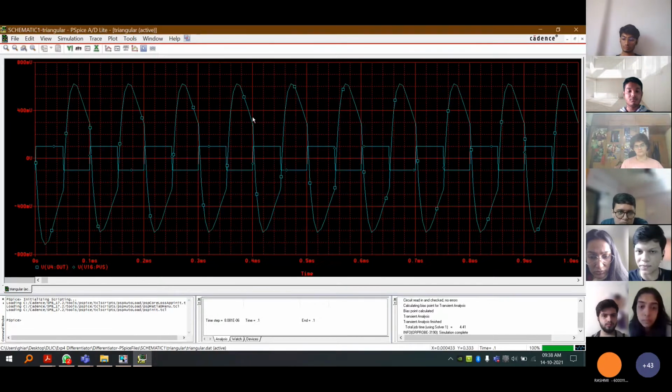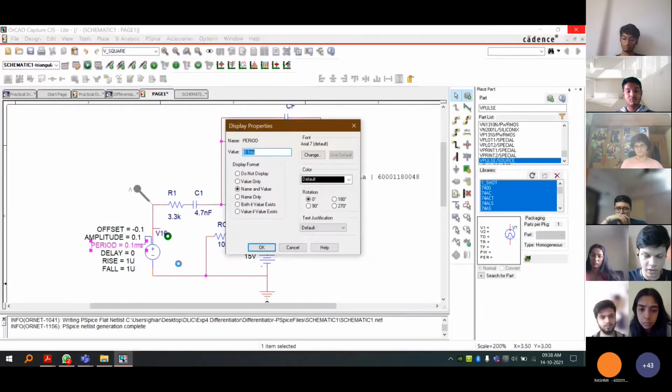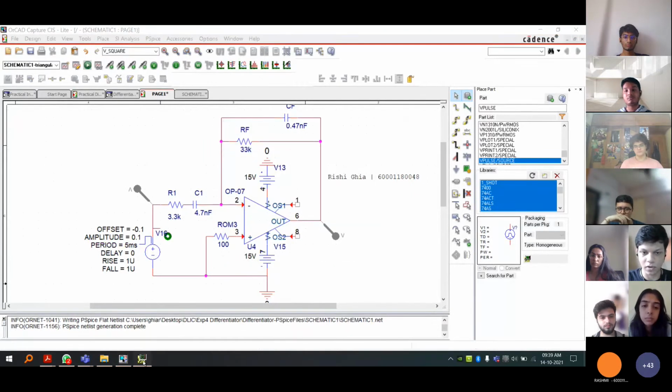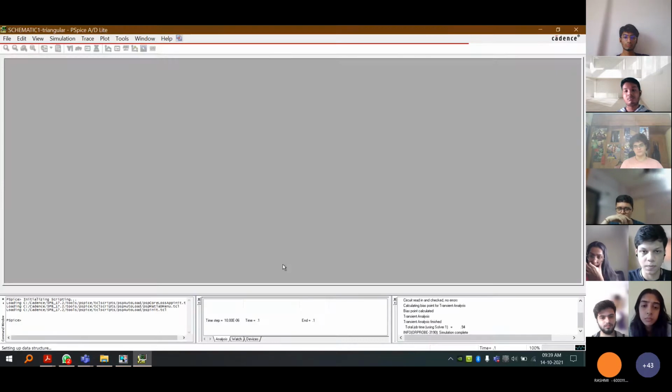So as you can see, at an extremely high frequency, since the input voltage is switching so fast, the output voltage and the op-amp do not have enough time to properly react to the spikes, so the spikes don't even look like spikes anymore. Pretty simple. And we can just make this, let's say, 5 milliseconds, just to take a look at what it would be at somewhere around 200 hertz.